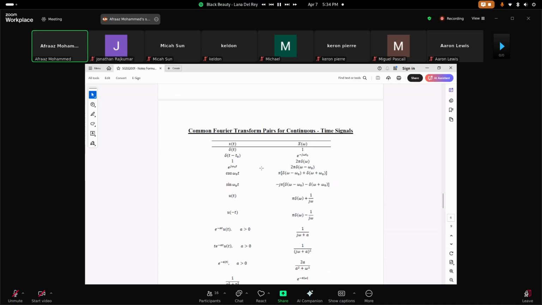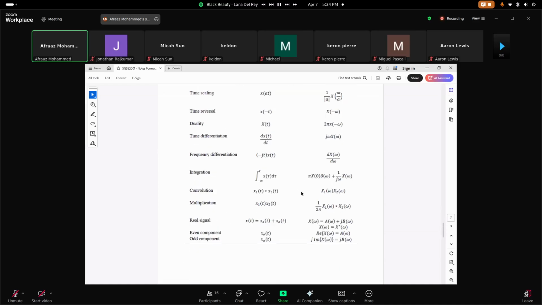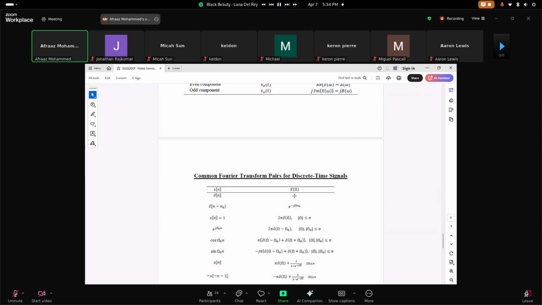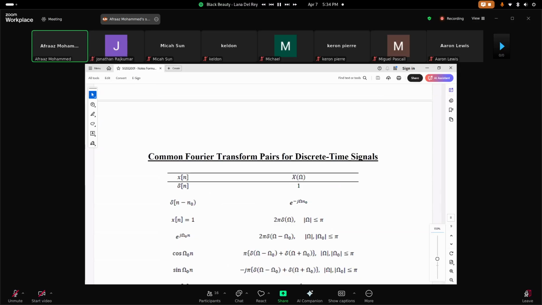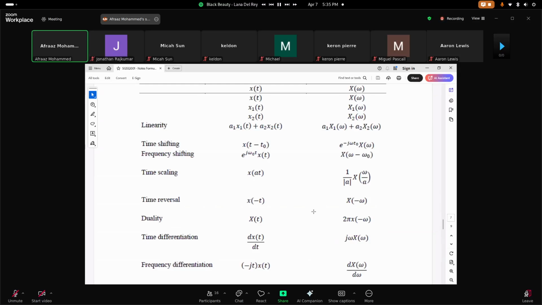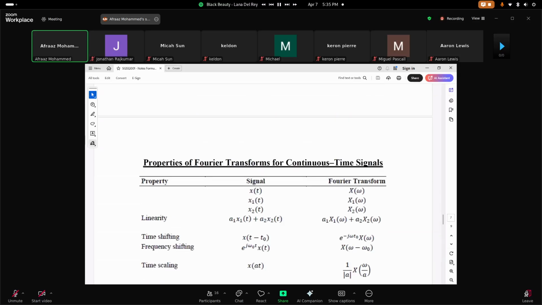Just to remind you, for the discrete time signals it's capital omega, and for continuous time the common omega is generally used.